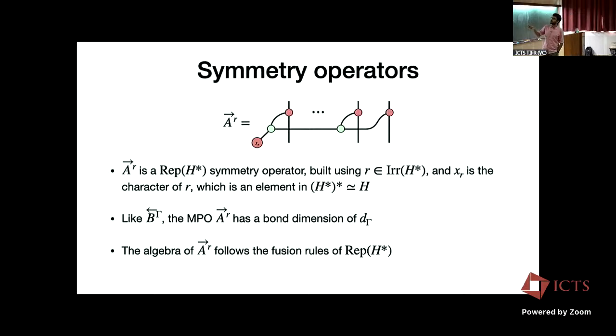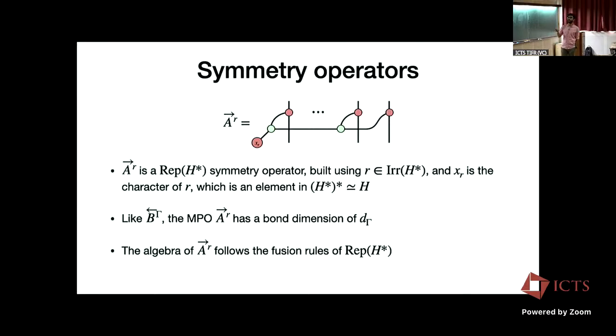I'm going a little quick here, but X sub R, you can think of R as a character in H dual, and X sub R is its character. Sorry, R is an irreducible representation of H dual, and X sub R is its character. But because characters are functions from the Hopf algebra they're acting on to the dual, essentially this is an element in H dual, which is just H. So this is an element in H, that's why this makes sense.